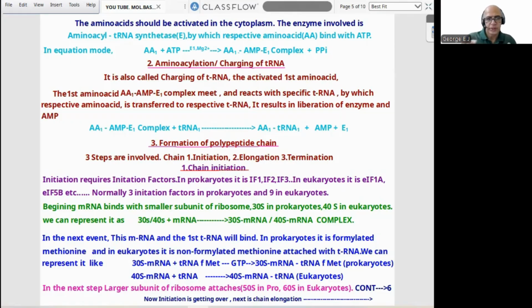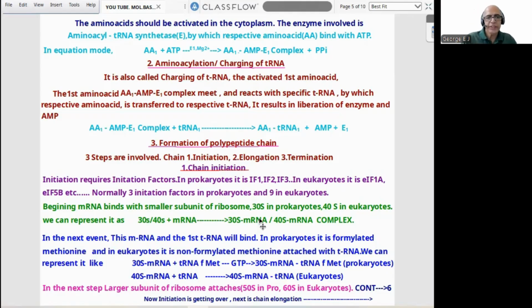Now, how does it proceed? In the beginning, mRNA binds with the smaller subunit of the ribosome, 30S in prokaryotes, 40S in eukaryotes. So we will just represent it. I represented it here: 30S or 40S plus mRNA, the 30S-mRNA or 40S-mRNA complex.